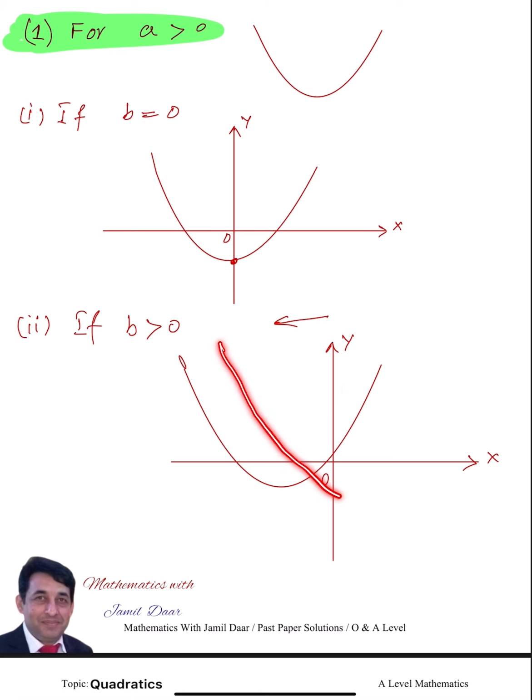It was half and half, but if b was 0, it was half on the left side and half on the right side of the y-axis. But when it is positive, it will move to the left side. More of the graph will be lying on the negative x-axis.